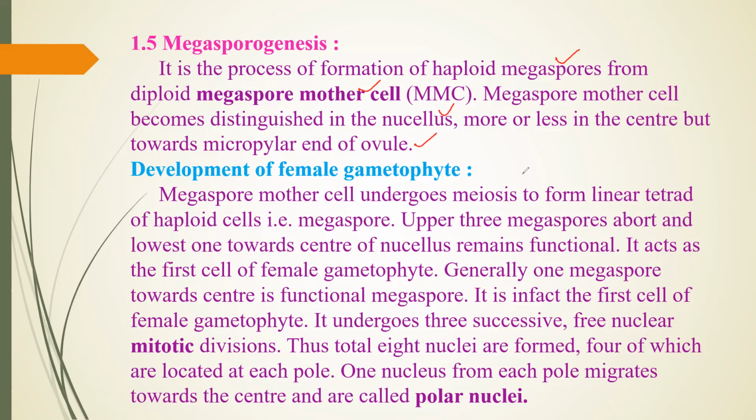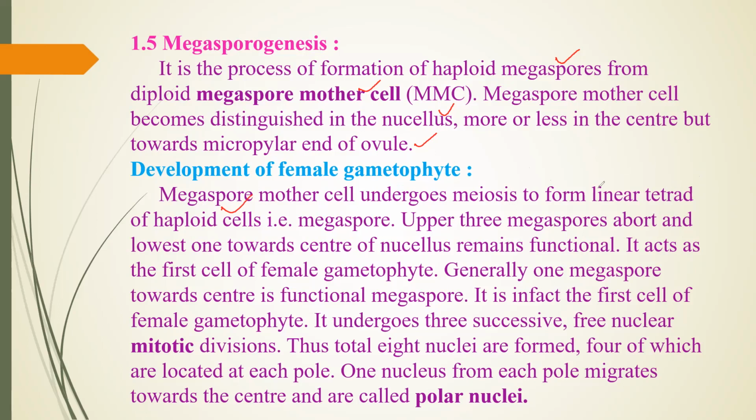So for development of the female gametophyte, the megaspore mother cell undergoes meiosis to form a linear tetrad of haploid cells. Okay, the megaspore mother cell is going to divide and produce a linear tetrad. आपण पाहिलं की 4 tetrad cell तयार होतात.